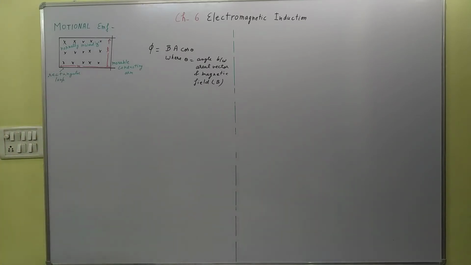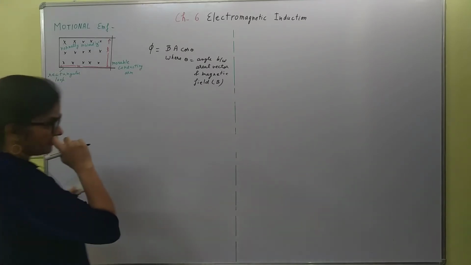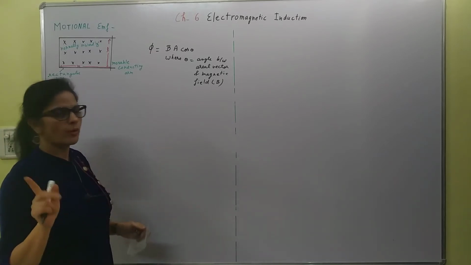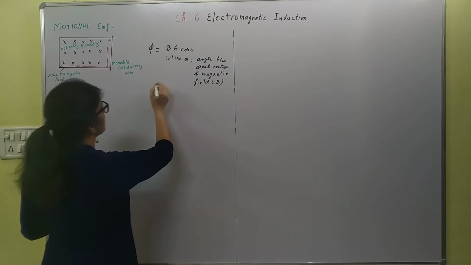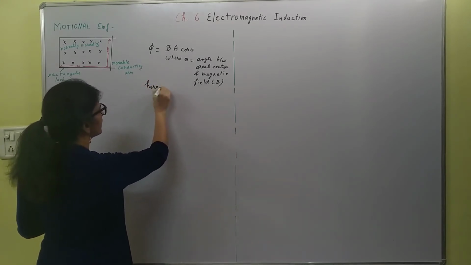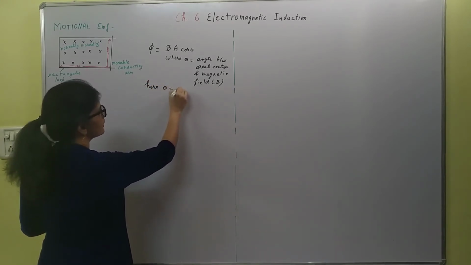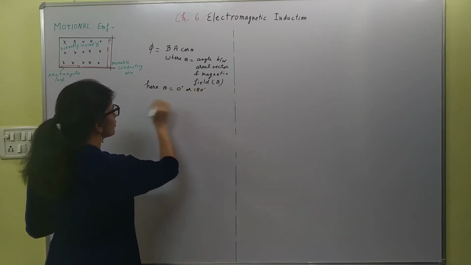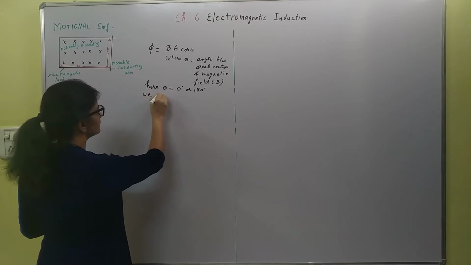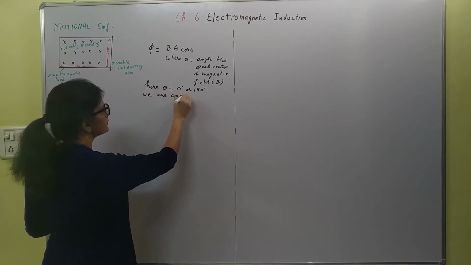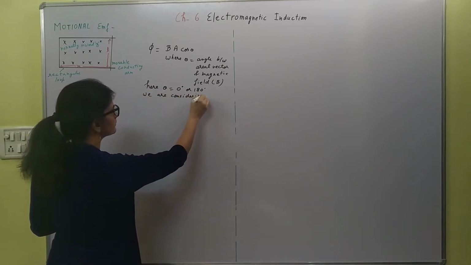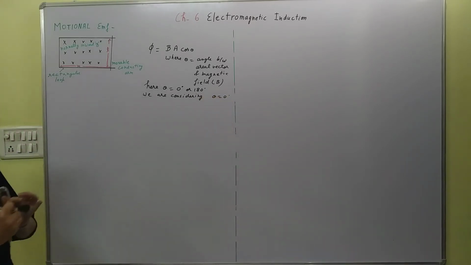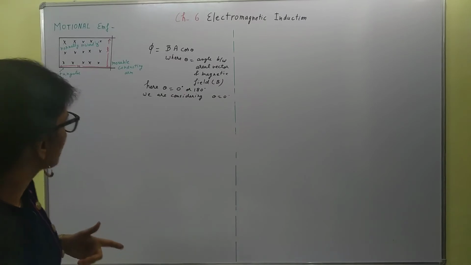So in one case theta will be 0 and in the other case it will be 180 degrees, right? So here theta is equal to either 0 or 180 degrees. We are considering 0 degree. With 180 degrees only the polarity will change.